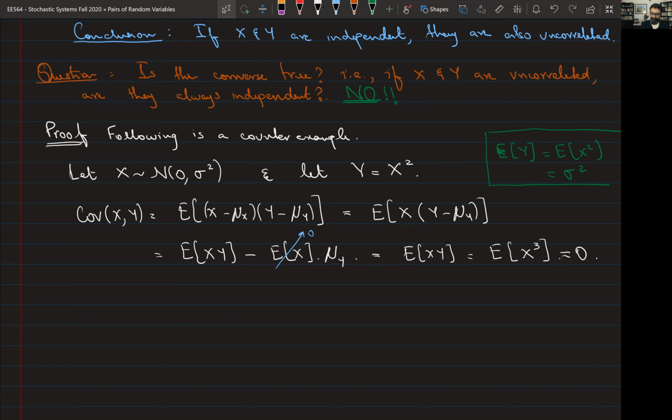So these X and Y random variables are dependent yet uncorrelated.